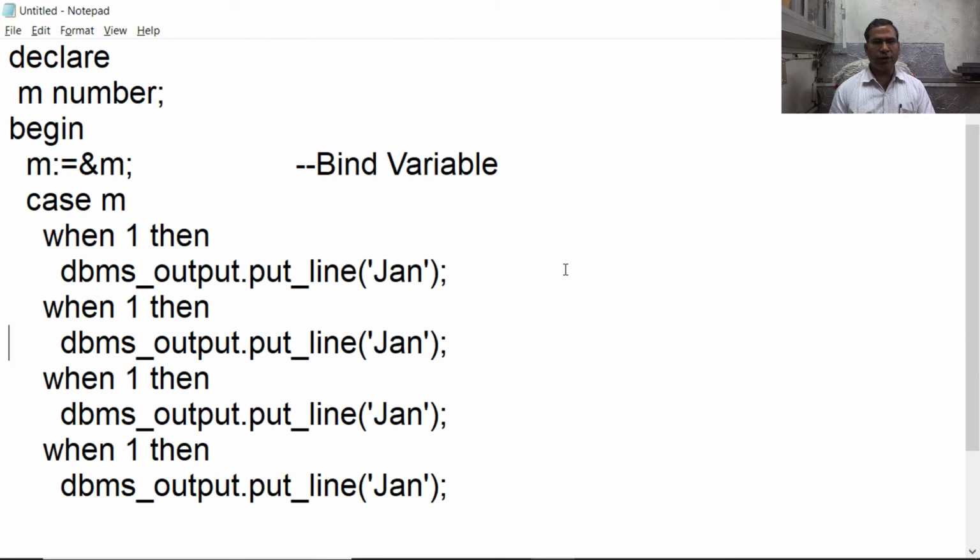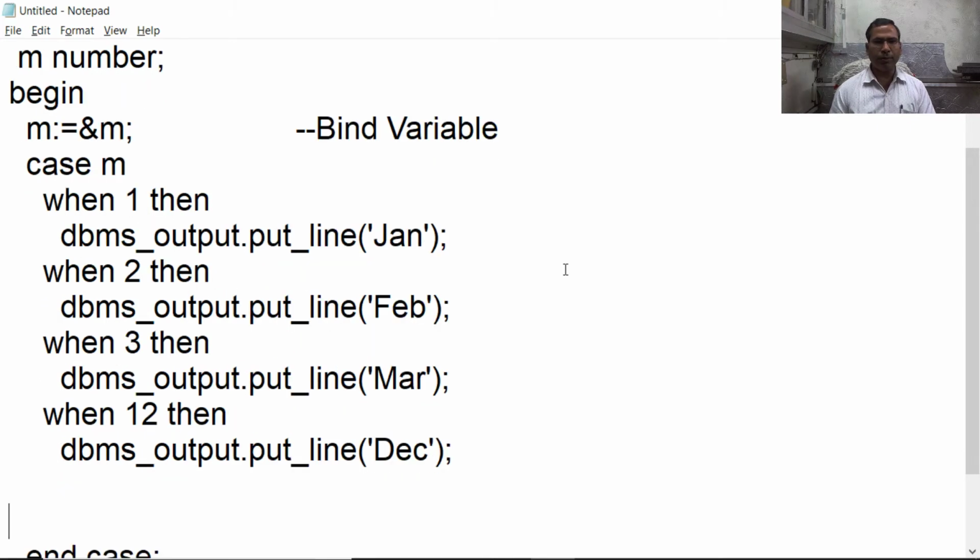So I'm writing when 1, January, when 2, then Feb. Similarly, when 3, March, and finally I am writing 12. And here I am writing December.